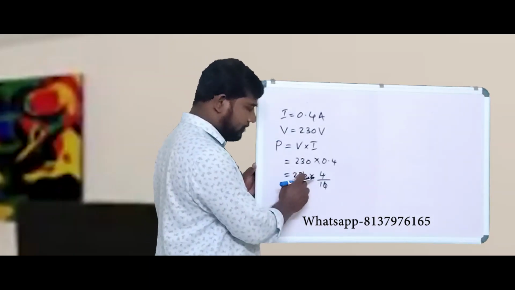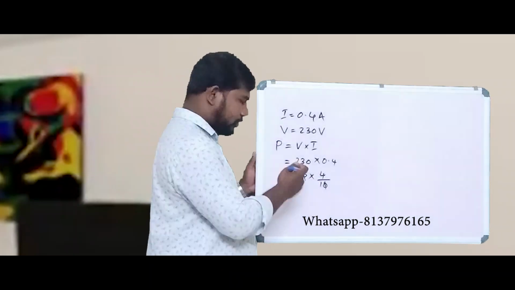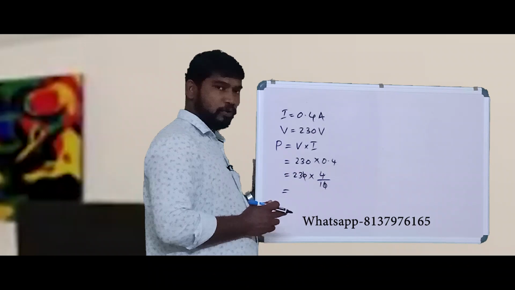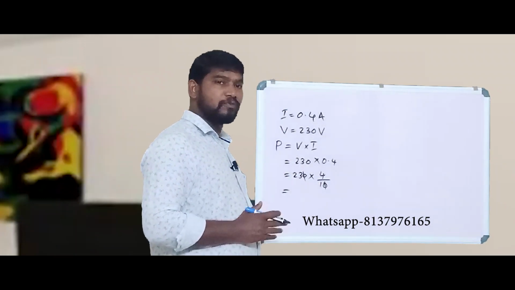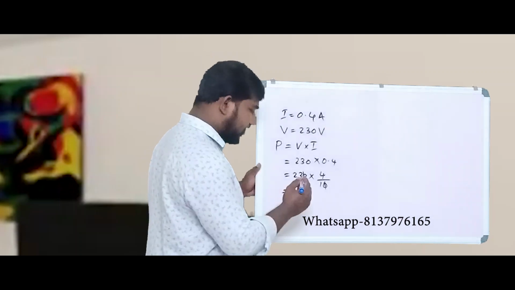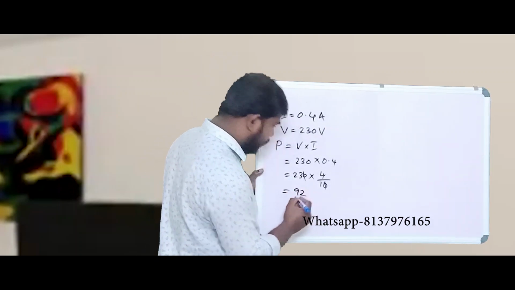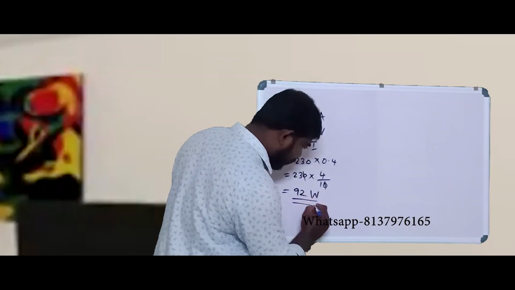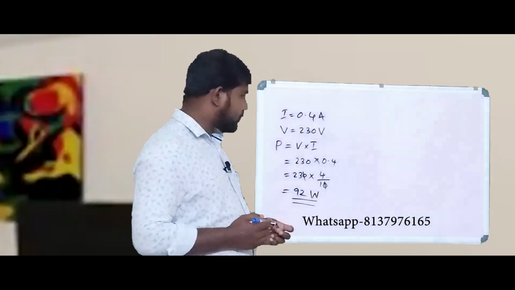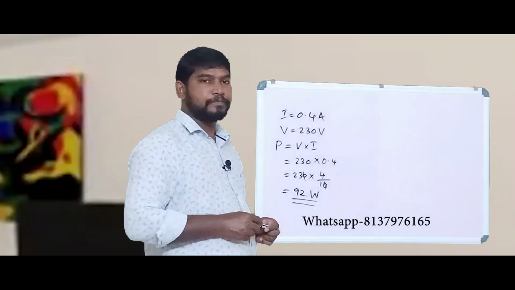So 23 into 4: 20 into 4 is 80, 3 into 4 is 12, so 80 plus 12 is 92. And power is in watts, so 92 watts is the power of this bulb.